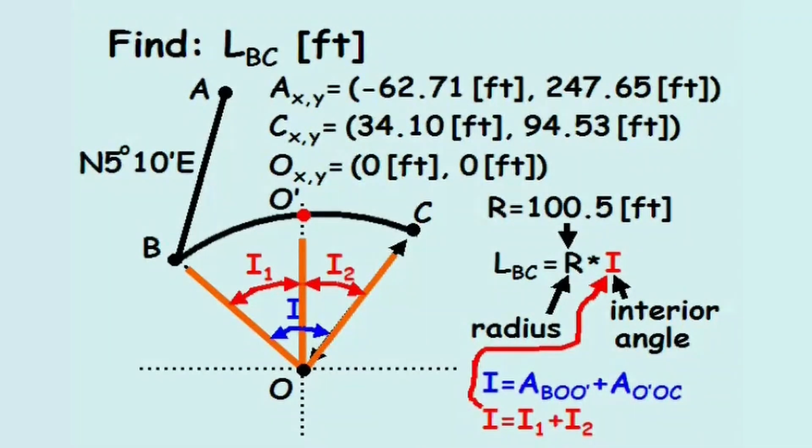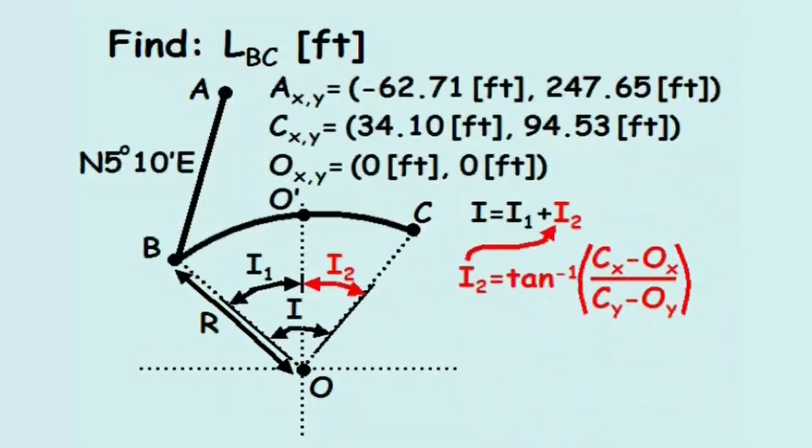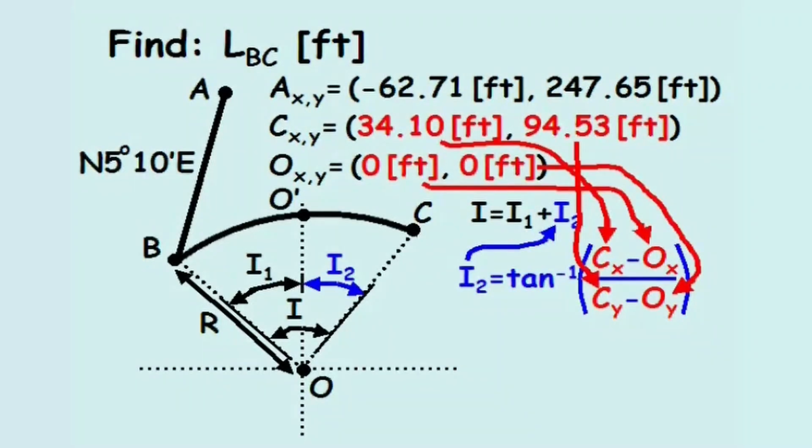We can determine angle I2 using trigonometry and by knowing the coordinates of points O and C. After plugging in the appropriate values, angle I2 equals 19.84 degrees.